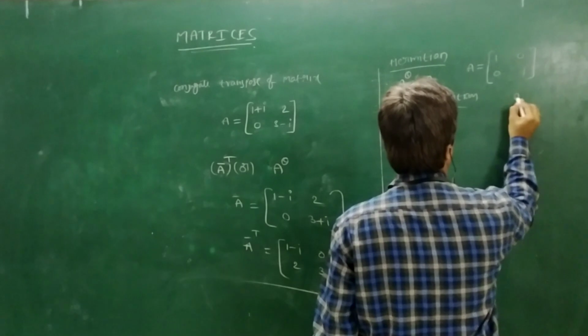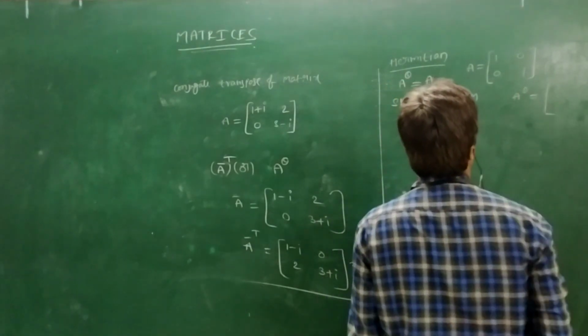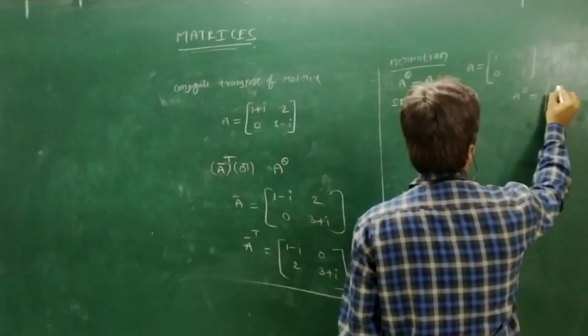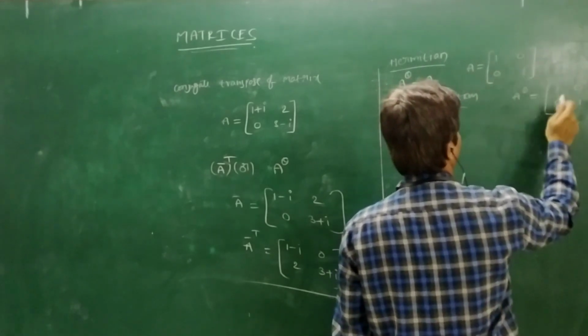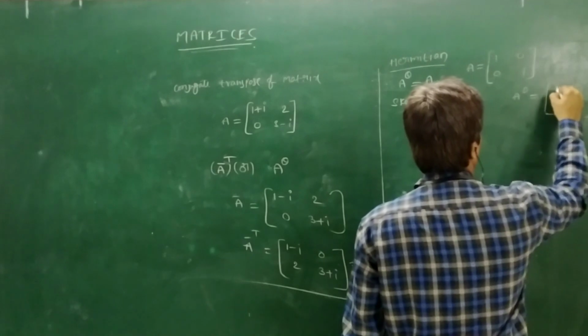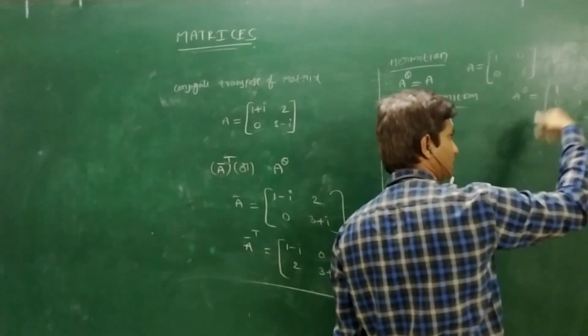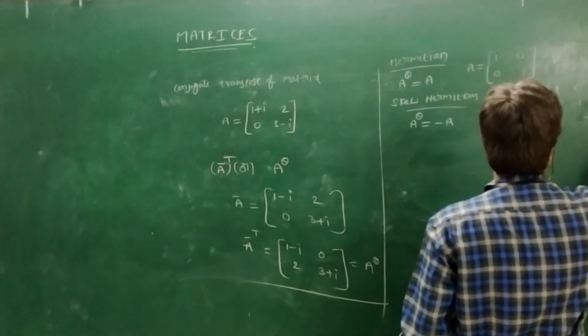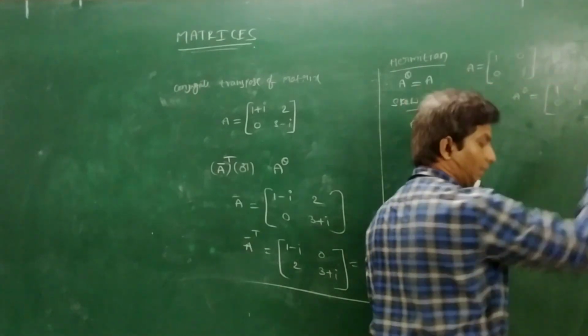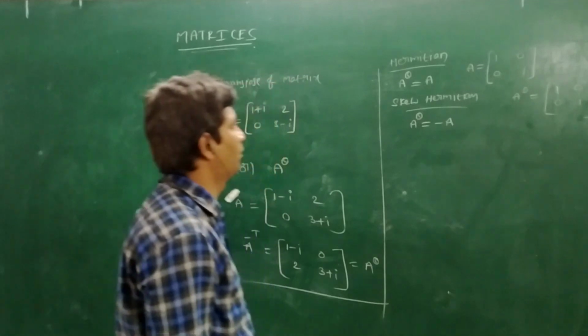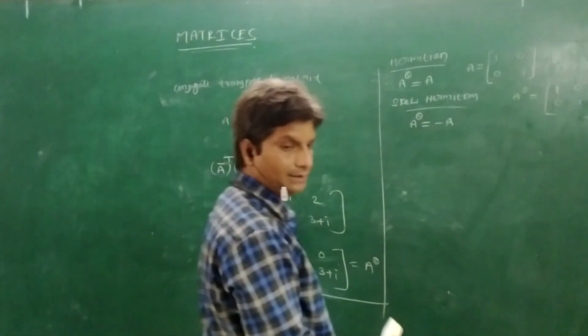Transpose conjugate, A power theta matrix, simply. Conjugate means what is the conjugate of 1? 0, 0. Conjugate of 0, 0. Conjugate of 1. What is the transpose of this matrix? Simply, of course, I can simply add the matrix. A power theta equal to A.